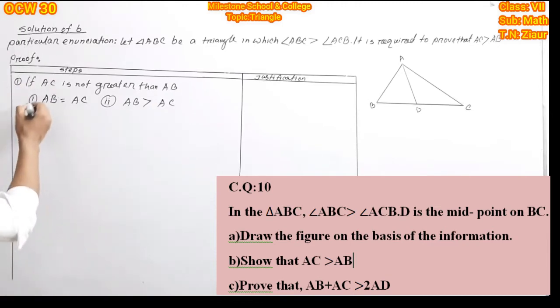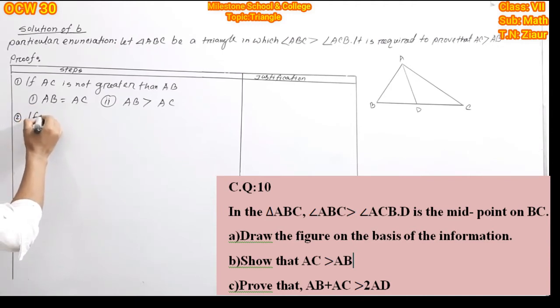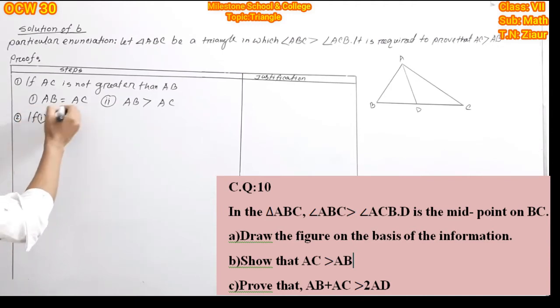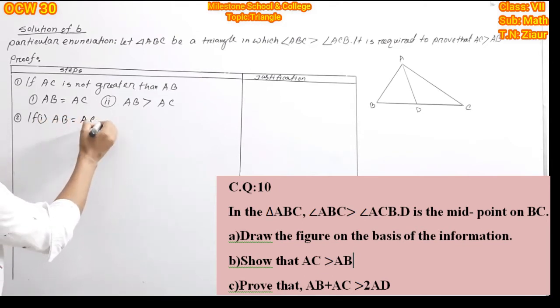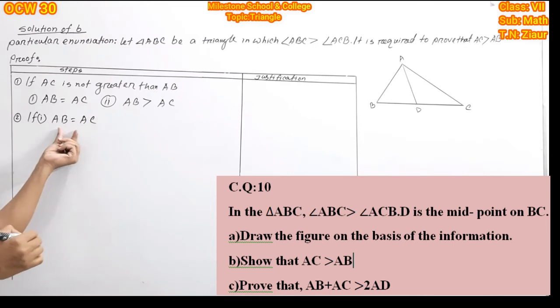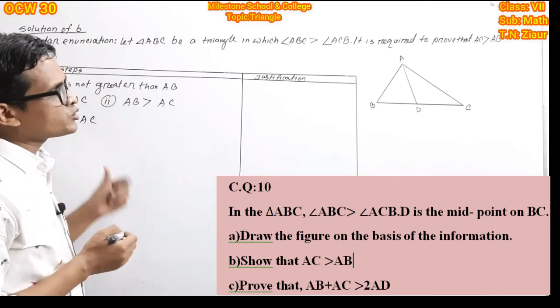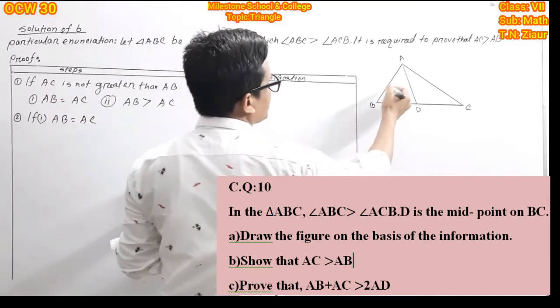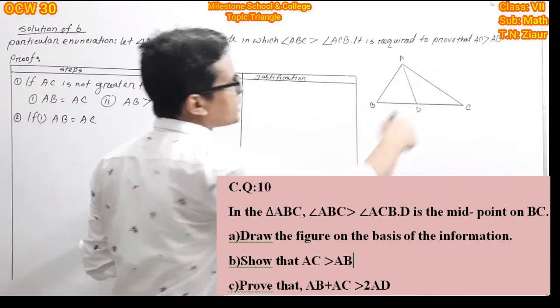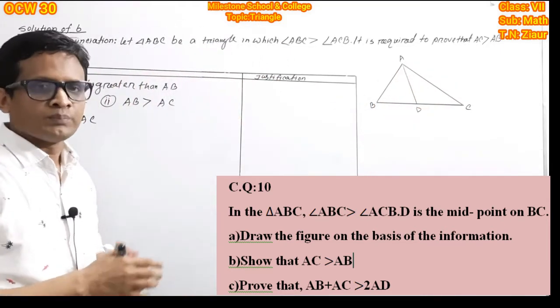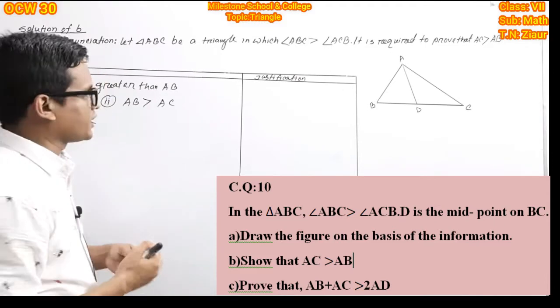So now, step one, the first case: if AB is equal to AC, when AB and AC are equal, that means two sides are equal, so the base angles will be equal, we can write.